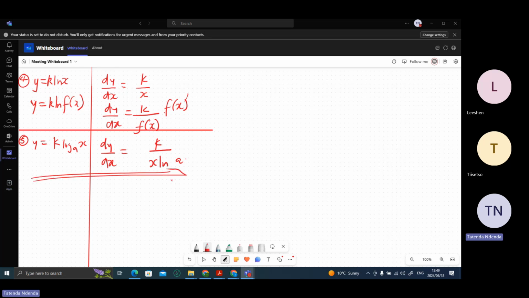Okay, so for now I think we have 5 equations which we need to play with.